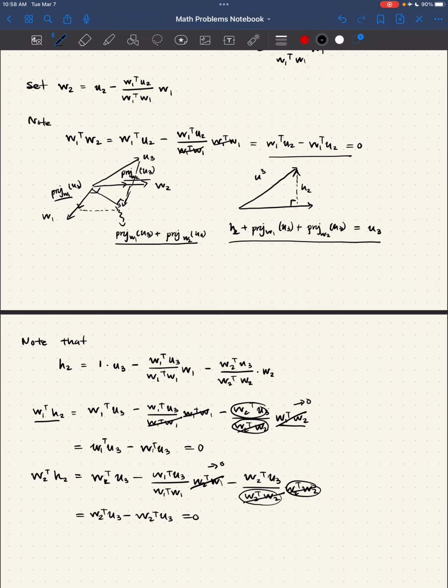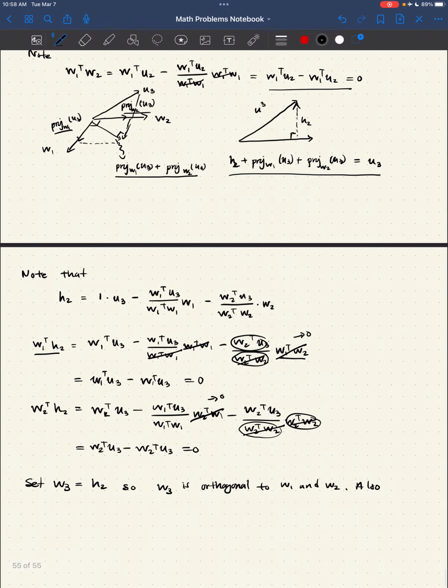So H2 is our candidate for W3. And also, the span of U1, U2, and U3 is the same as the span of W1, W2, and W3.